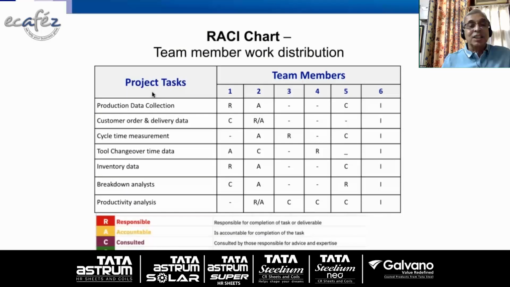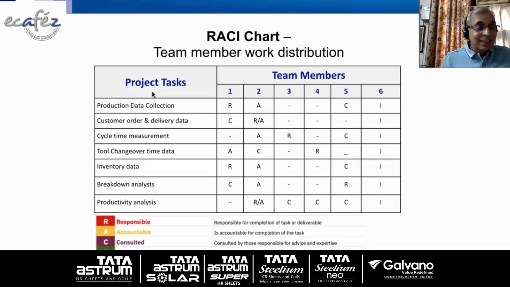It is called a RACI chart: responsible, accountable, consulted, and informed. All team members are very clearly told who is responsible for each activity, who is accountable, who will be consulted, and who should be informed. This way the total assignment of problem solving is distributed clearly so that there is no confusion and things can be done fast.